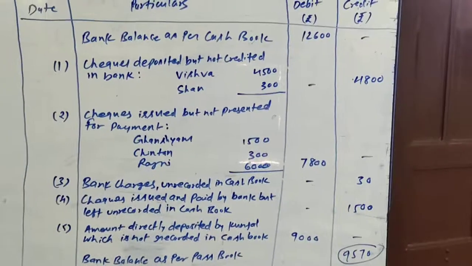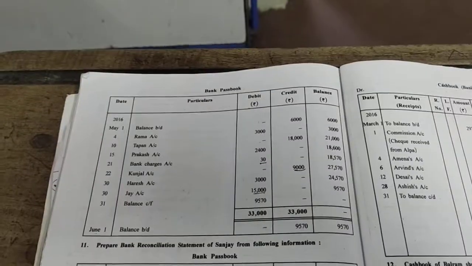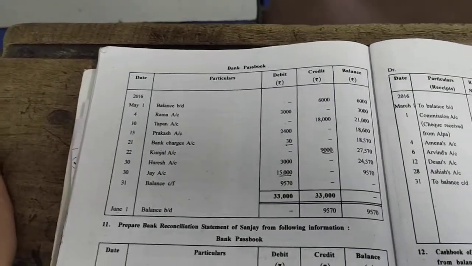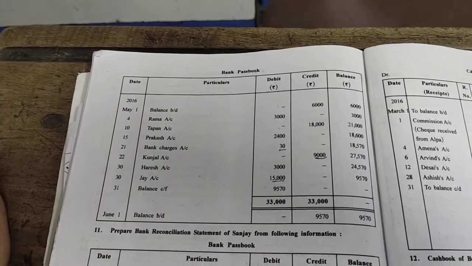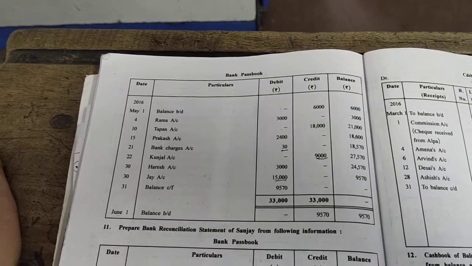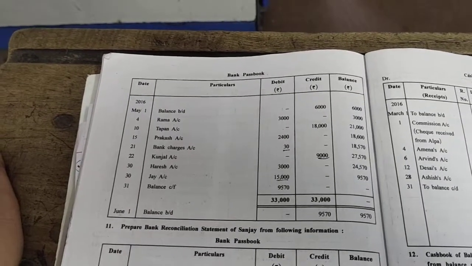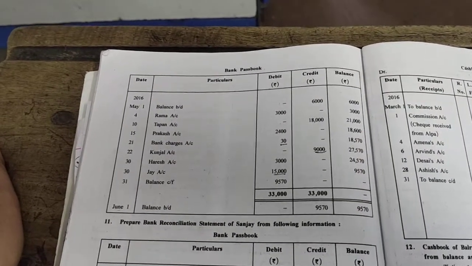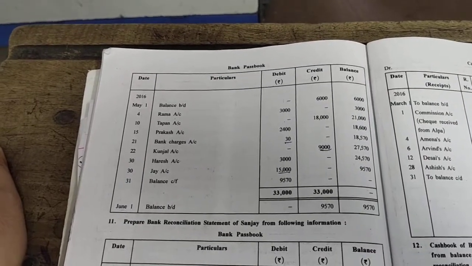Okay, next item. So friends, debit side of cash book is compared with credit side of passbook, and credit side of cash book is compared with debit side of passbook. Then debit side of passbook is compared with credit side of cash book.